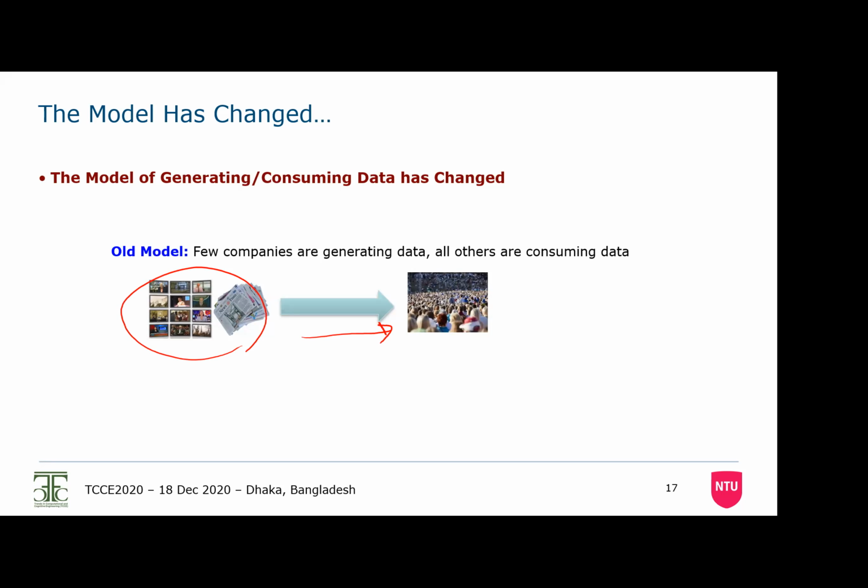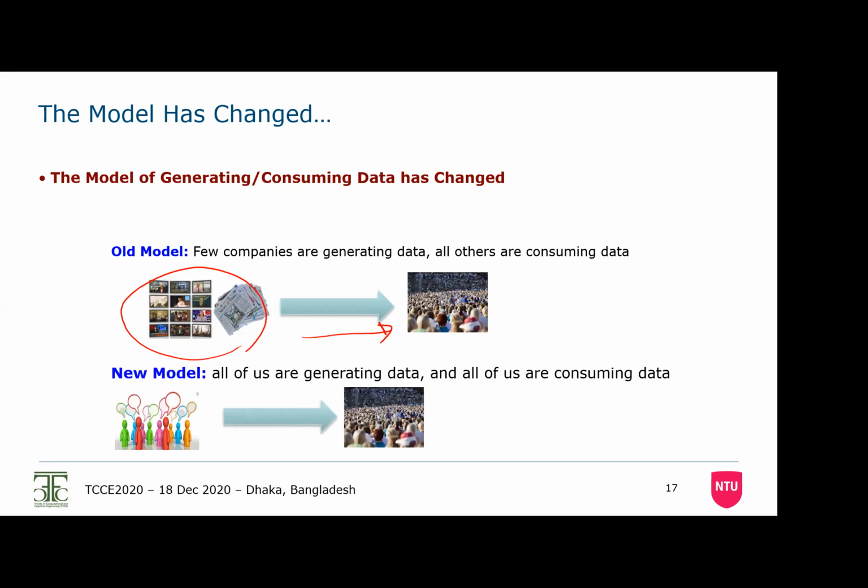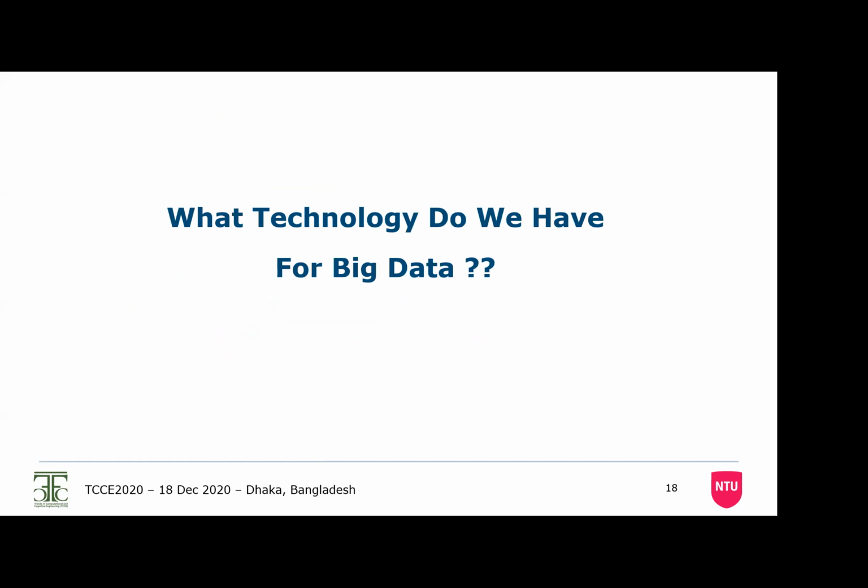The customers used to go to the newspaper and read newspapers. But nowadays, thanks to social media, we all are generating news and we all are consuming that news. So this model has changed, and this is yet another reason that big data technologies are becoming more important. Now, what are the technologies that we have for big data?